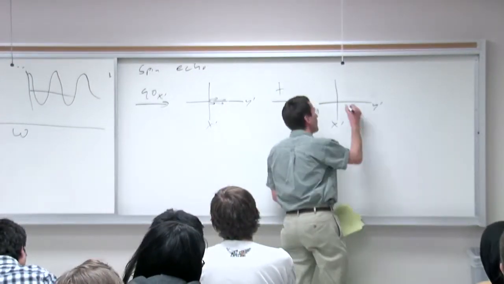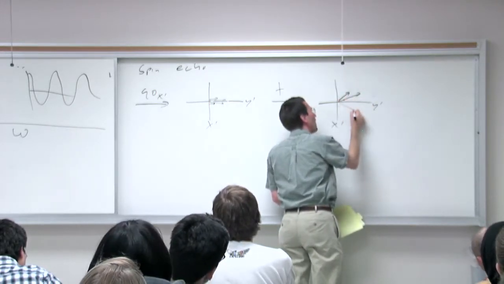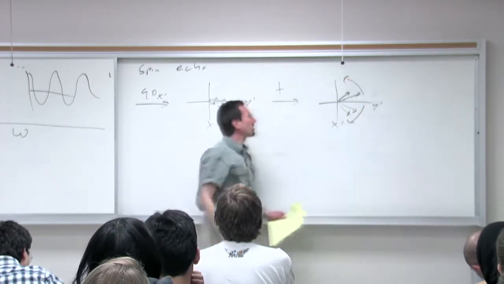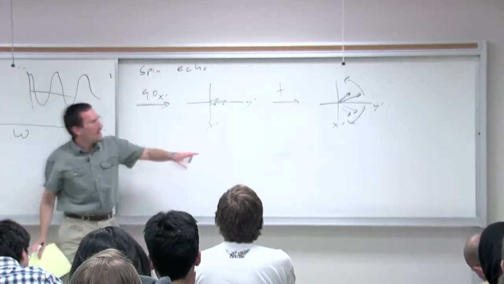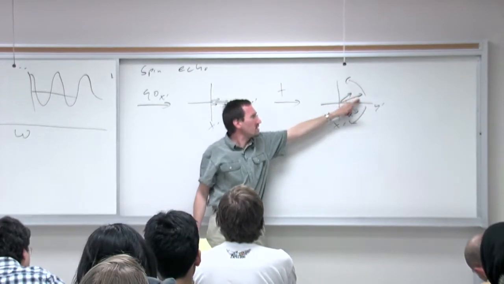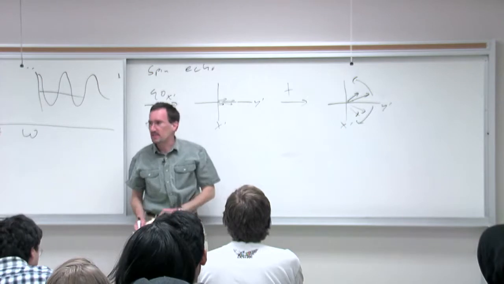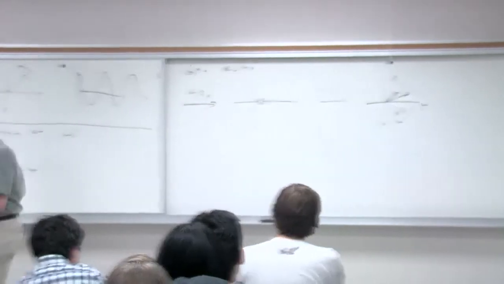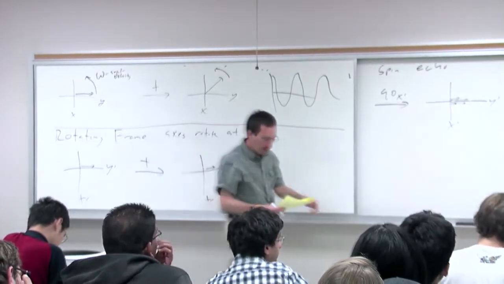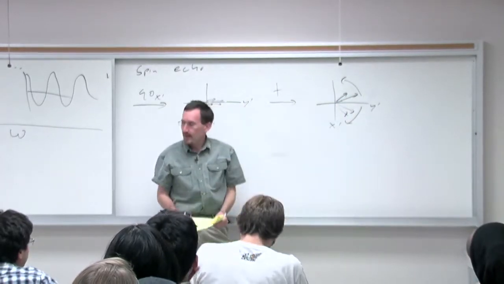So now our vectors are going to fan out with respect to the rotating frame. I think it's actually counterclockwise in this axis system, but the point is that they're diverging in velocity. So now we've got some that are headed this way, some that are headed this way.